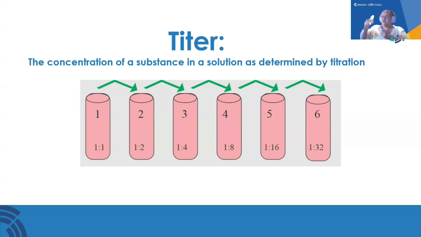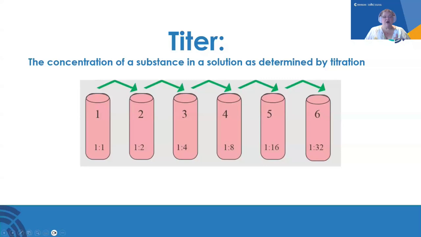Eventually it's going to become so diluted that it's not going to clump anymore. So that's what the titer is showing. At what point is the syphilis bacteria so diluted that you don't really see it anymore? So the higher the titer, the more bacteria that's present in the bloodstream.